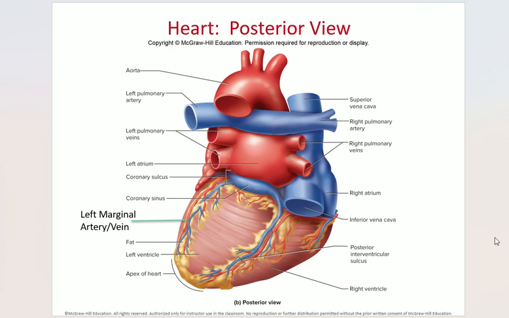So again, I would find the pulmonary trunk once you flipped it, and look around. I'm sorry. I would flip this over in real life, find the pulmonary trunk, know what I'm looking at, and then look at the back side of the heart for labeling purposes.